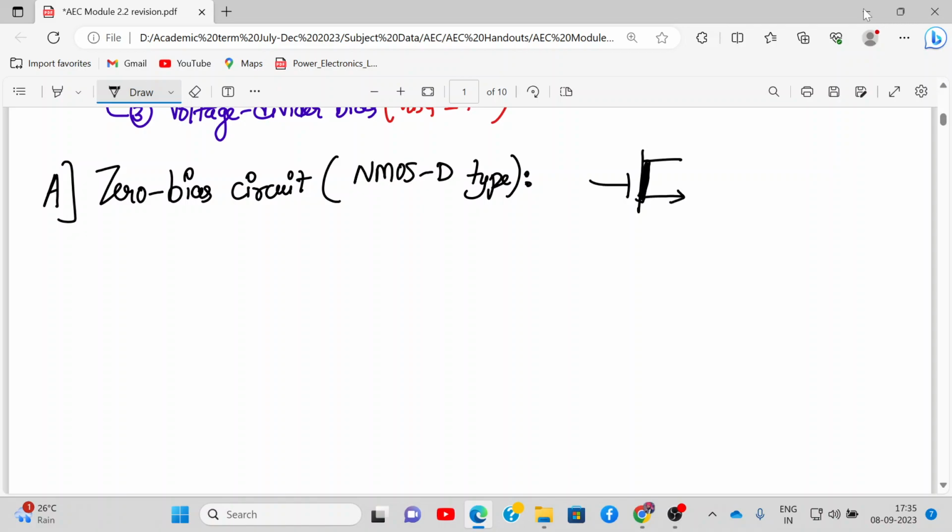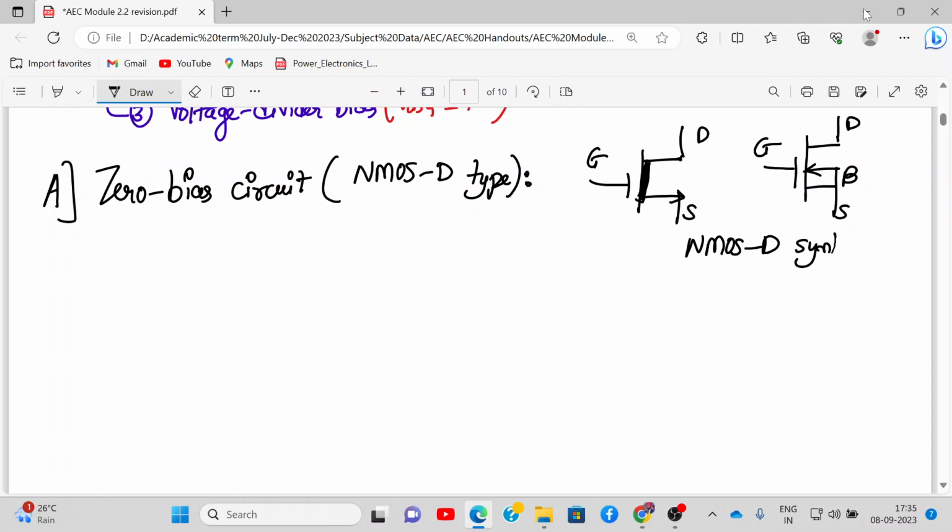This is the three terminal symbol: drain, gate, source. We have a four terminal symbol also: gate, drain, source and body. So this is the NMOS D type symbol.